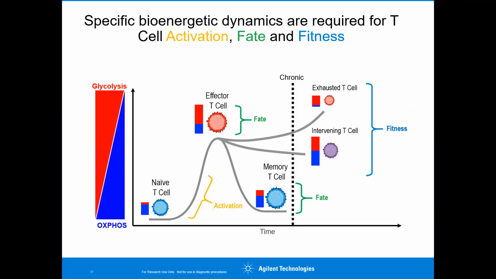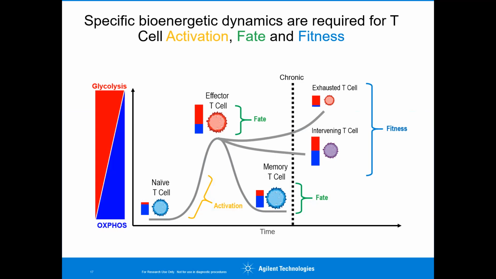OXPHOS and an increase in mitochondrial function is also critical, and it's important for longevity, homeostasis, and fitness. When you see this life cycle of the T cell, the equilibrium is different, and the steady state is what sets them up for a specific fate and to perform a specific function.